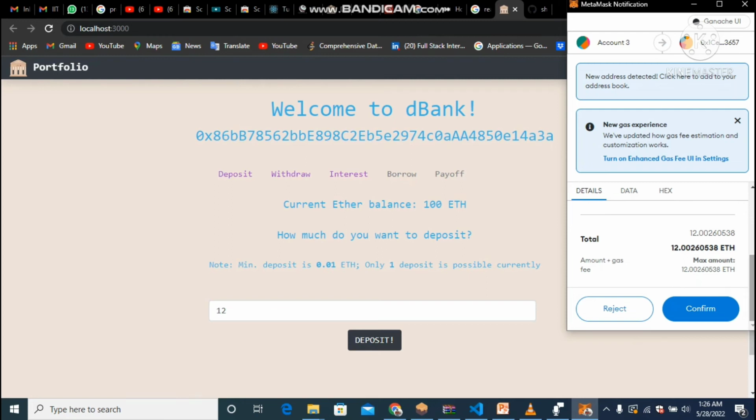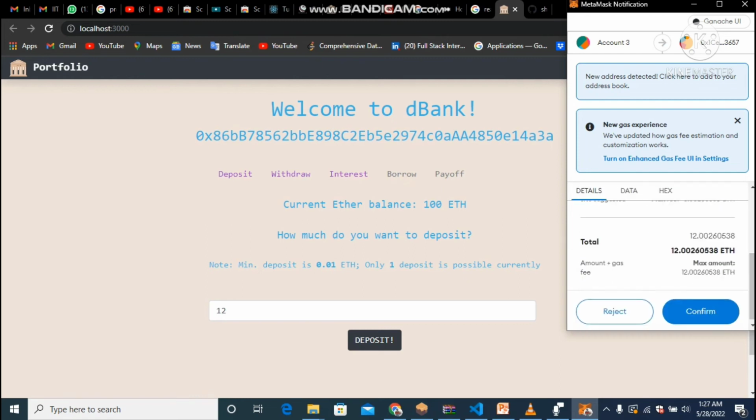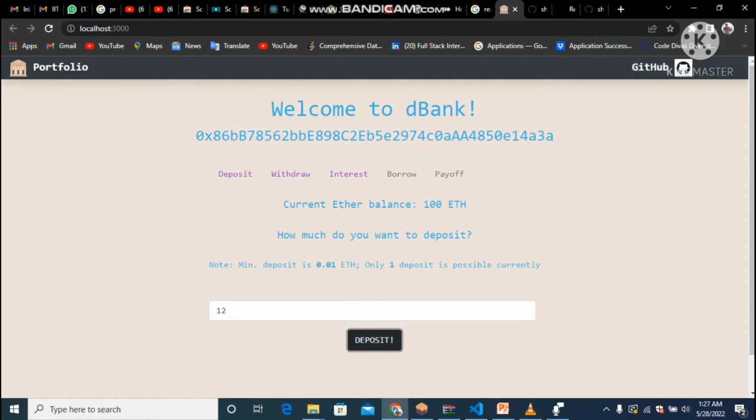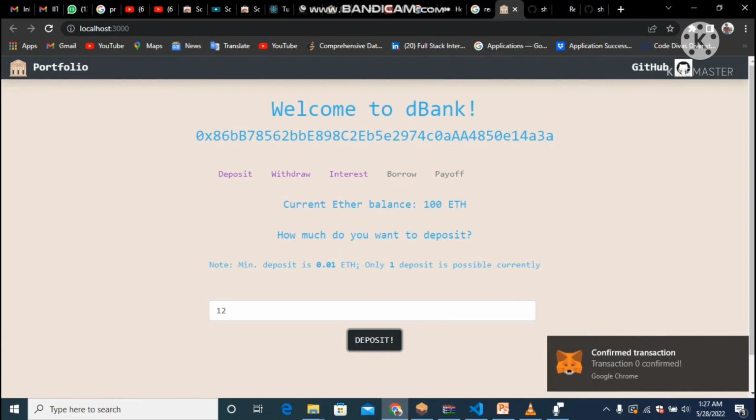We'll go into the topic in depth some other day. When I press confirm, this transaction will take place, and it is transaction 0, the genesis block, basically the first transaction that we have done.